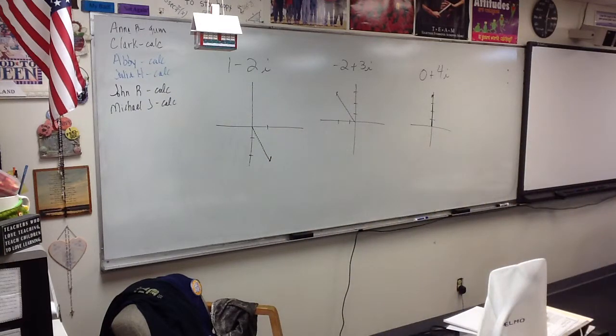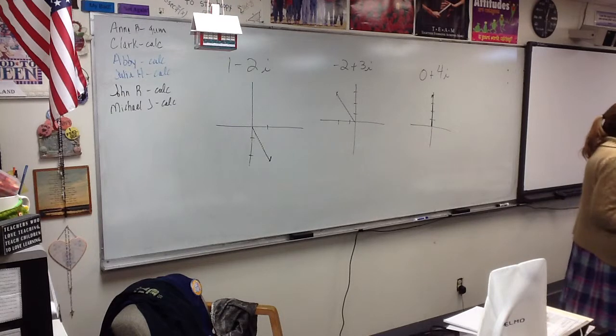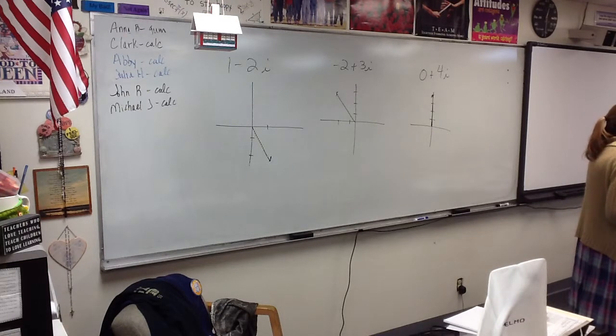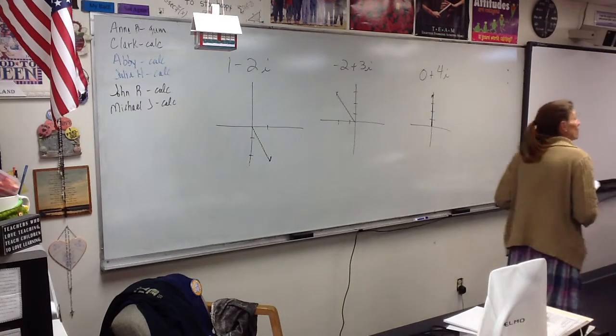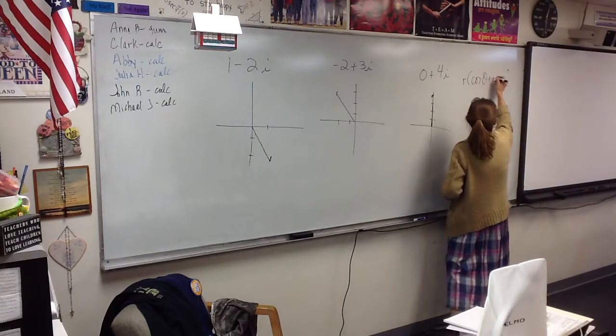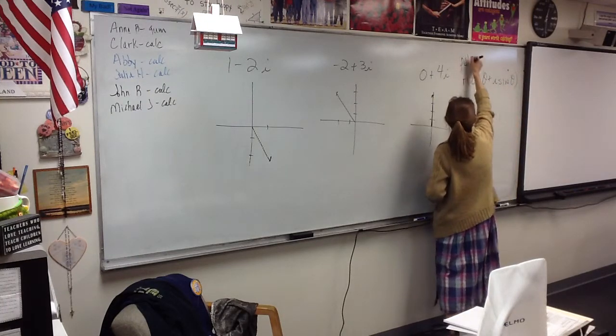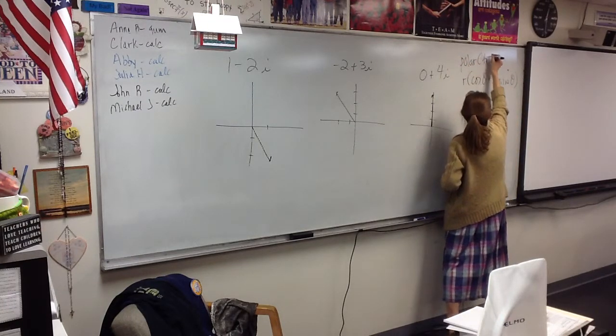Polar means which variables? R and theta. Polar form is a little bit different than polar coordinates. When we write a number in polar form, we write r cosine theta plus i sine theta. That is called polar or trigonometric form.